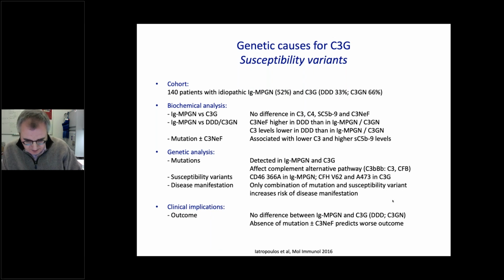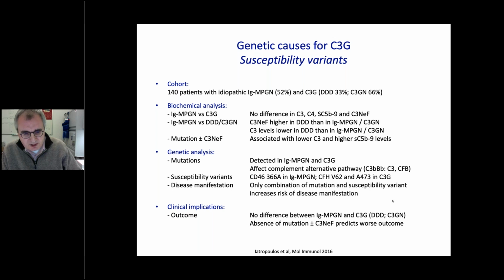When I introduced the new system to you, I mentioned the core group, C3 deposition identifiable, called C3 glomerulopathy, versus the others where immune complexes play a role as well.